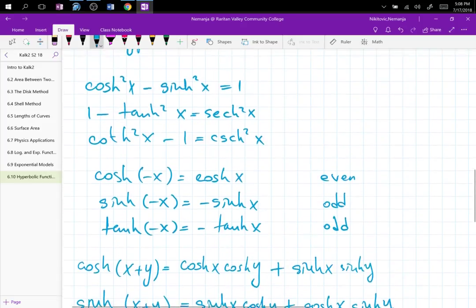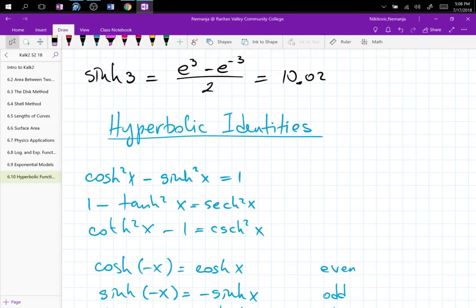So these are the hyperbolic identities, and as you can see, they are very close to the ones that you have for trig. So if you are looking at the trig, that will be the equation for cosine 2x, which is swapped with the one below. This one should have a plus, not a minus.